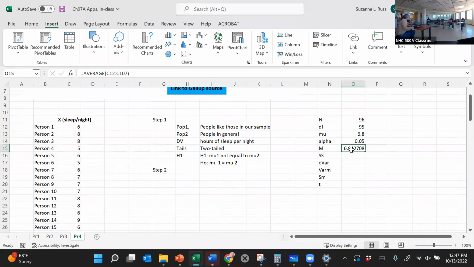Okay. All right. SS, how am I going to get SS? Square root. Just a second, I'm gonna write up this formula. All right, so how am I gonna get SS? You guys didn't tell me how.